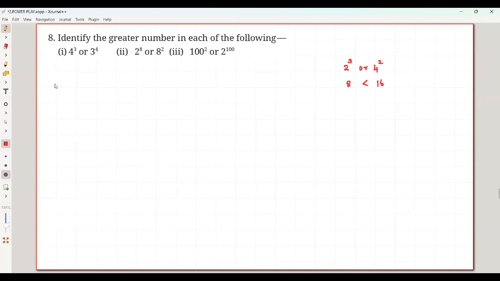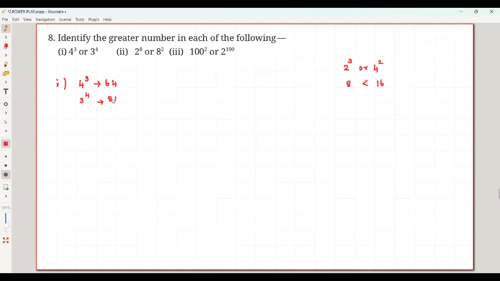Now here, first one, 4 power 3 or 3 power 4. 4 power 3, that is 4 cube, is 64. Next one is 3 to the power 4. 3 into 3 is 9, 3 nines are 27, 3 twenty-sevens are 81. So 3 power 4 is 81.